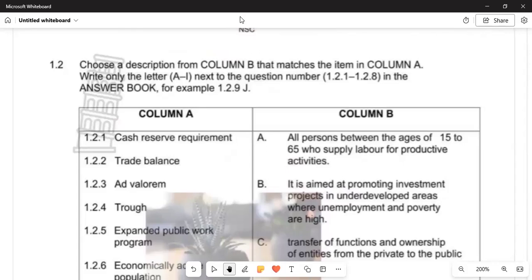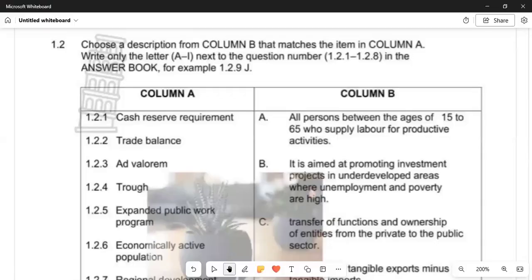Then we have to attend to it. 1.2 reads as follows. Choose the description from column B that matches the item in column A.